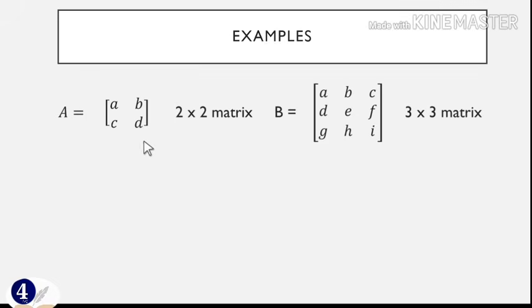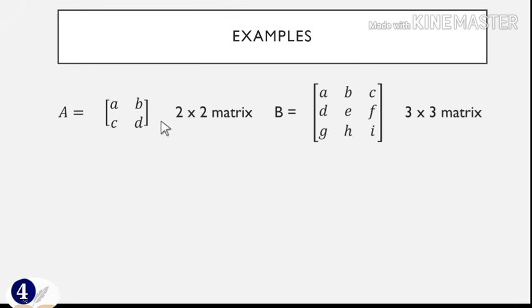The first example is a matrix named A with an expression of a boxed arrangement of these entries, so entry A11, A21 right here, A12, and this one is A22.